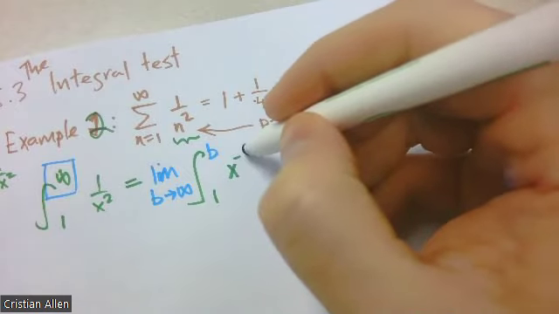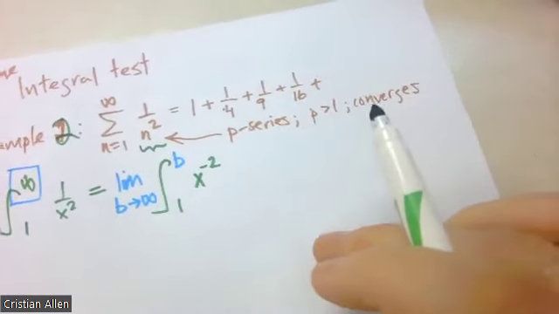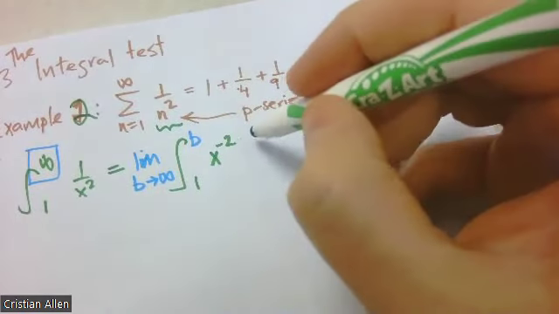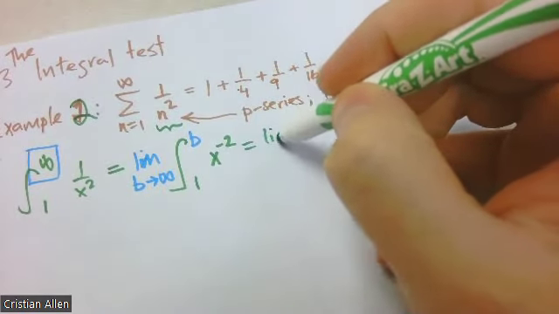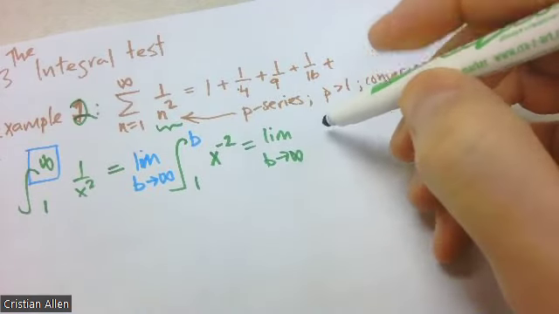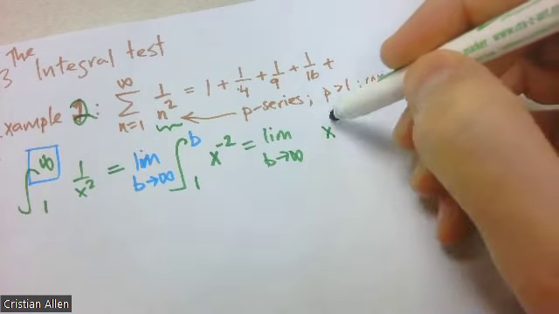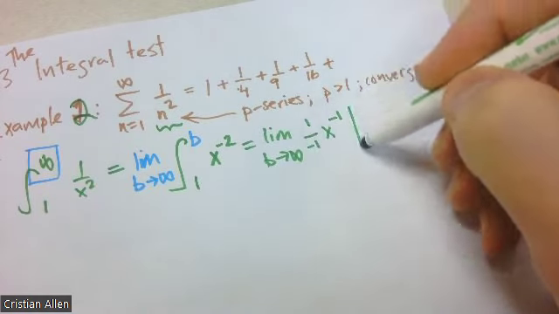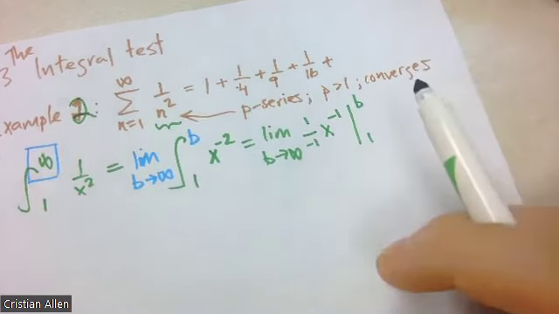Now let's go ahead and put this x to the -2 right there, dx, if anybody particularly needs it. All right, so limit as b approaches infinity. And let's go ahead and integrate this. So you add 1, and then you divide by your new exponent. Okay.